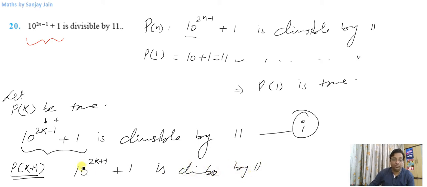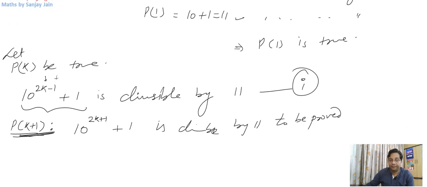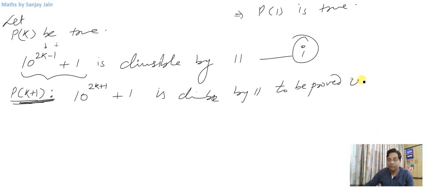This is what you need to prove, p of k plus 1 to be proved using 1, right? This is what needs to be proved.